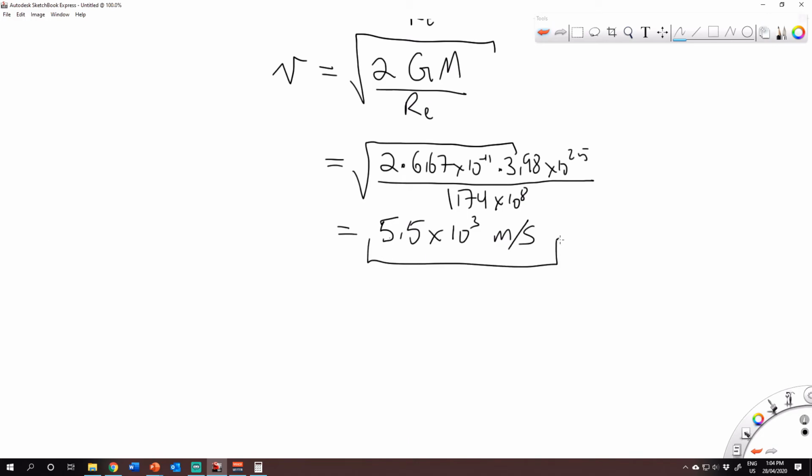So for this particular planet, no matter how much mass the object has, as long as we can give it a velocity of about 5,500 meters per second, we can send it flying into space. Basically, we've given it enough energy that it can leave and not have to worry about gravity slowly pulling it back.